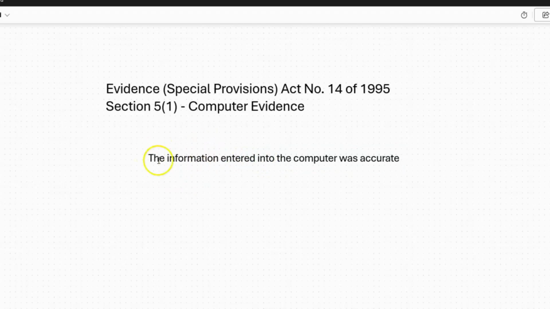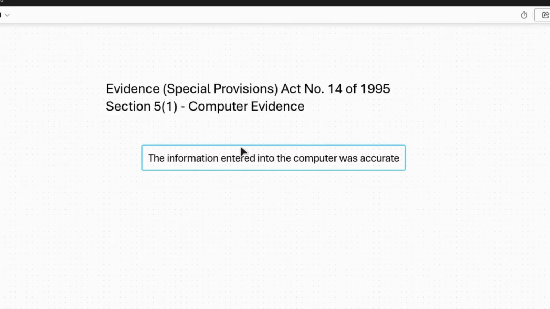The last condition is the information entered into the computer was accurate. It means the data entered into the computer must be correct. For an example, a cashier correctly enters a customer's payment into the system. If someone enters the wrong payment amount, the computer simply prints that incorrect information.